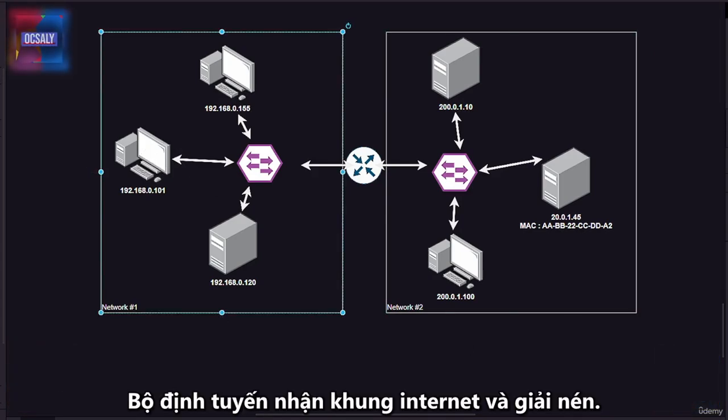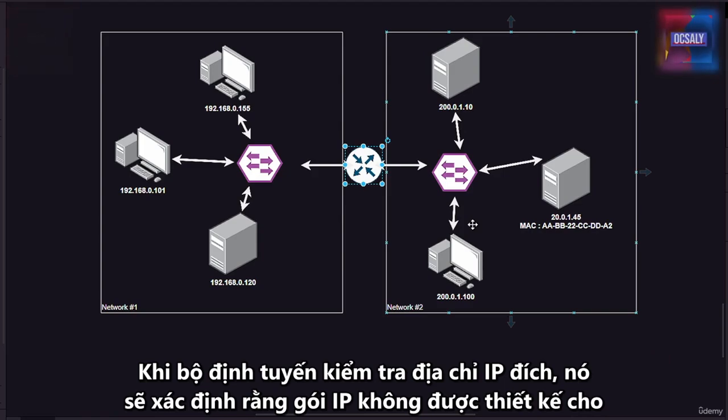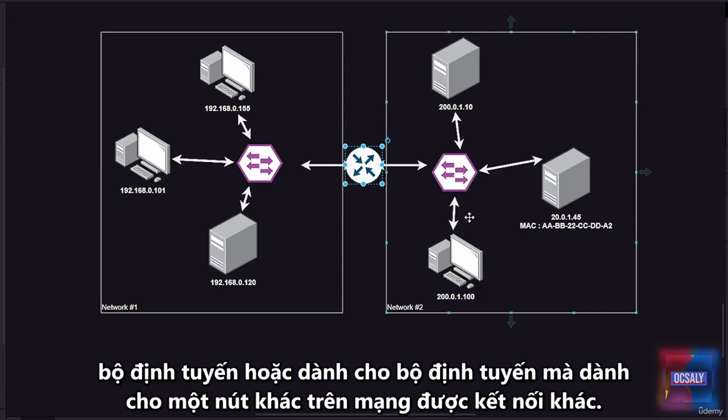The router receives the Ethernet frame and unpacks the IP packet. When the router checks the destination IP address, it determines that the IP packet is not destined for the router, but for a different node on another connected network.